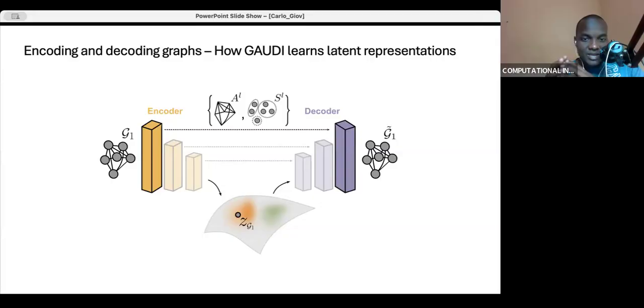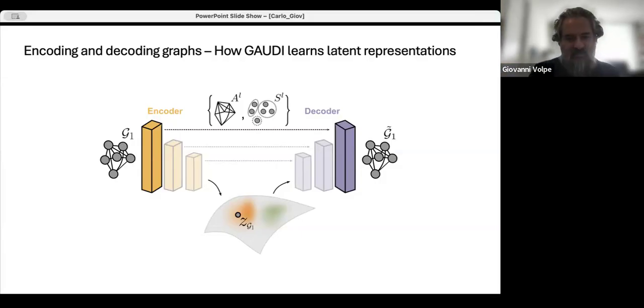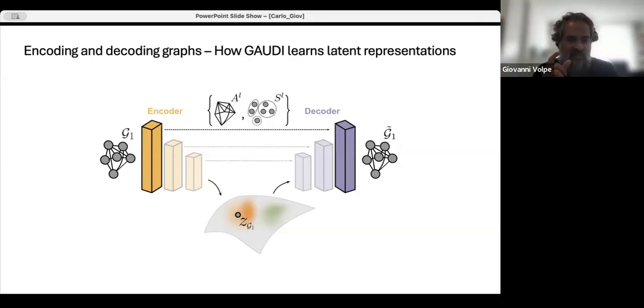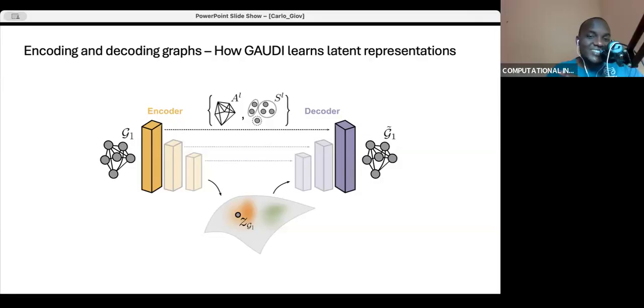Okay, but it's not part of the entire Gaudi architecture. I mean, I think the issue is that graph neural networks are not graphs. A graph neural network is not a graph itself. It's a neural network, typically a very simple one, like a dense layer, a fully connected neural network that operates on graphs, but it's not itself a graph. Yes, okay, I now totally understand what is going on. I get it. Thank you.